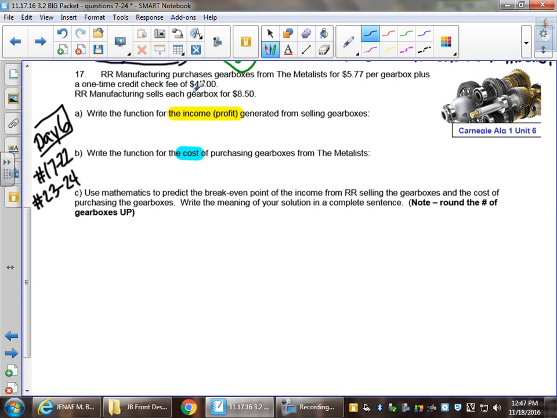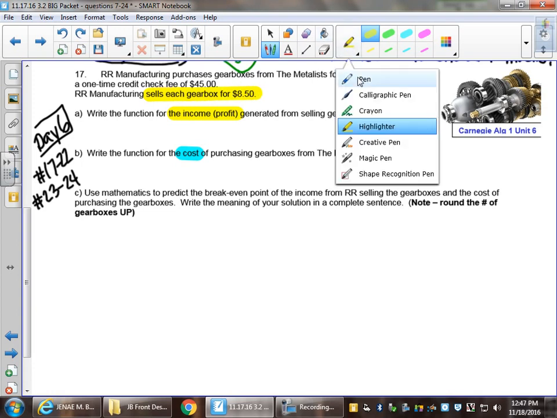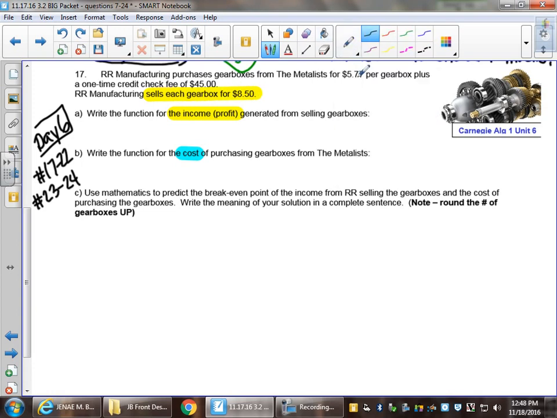When reading, I see information about the profit. It says that they will sell each gearbox for $8.50. It didn't ask us to define variables, but really we need to always to understand what we're saying. It's each gearbox.